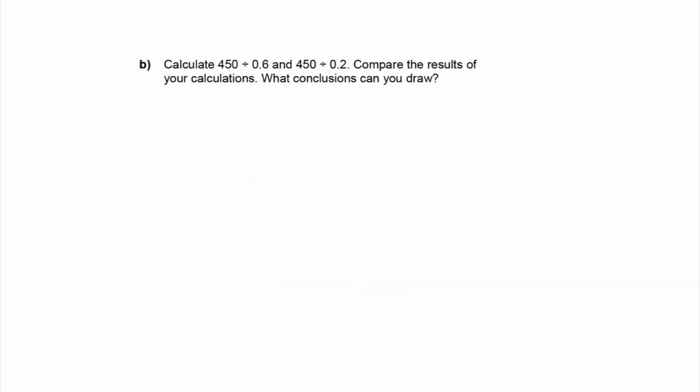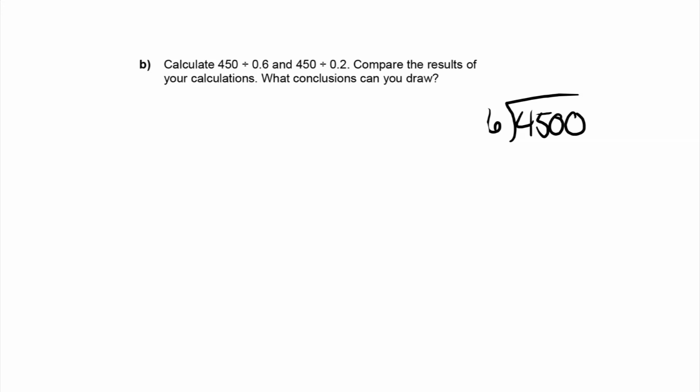Calculate 450 divided by 0.6 and 450 divided by 0.2 and compare the results of your calculations. I could start with either of these, but I'll start with the 450 divided by 0.6. I move the decimal place one position and add a 0 by doing that.